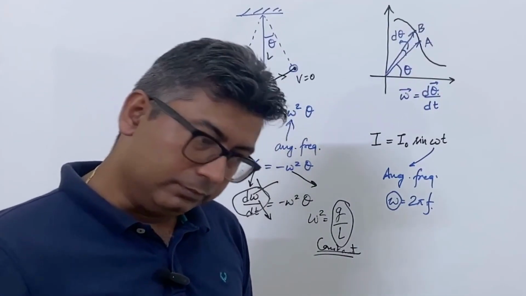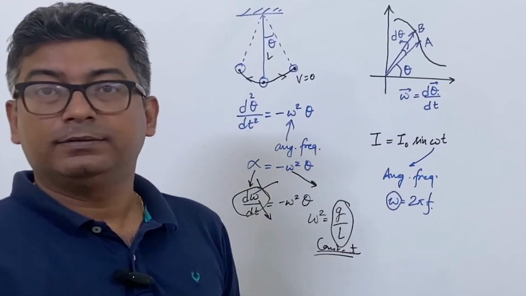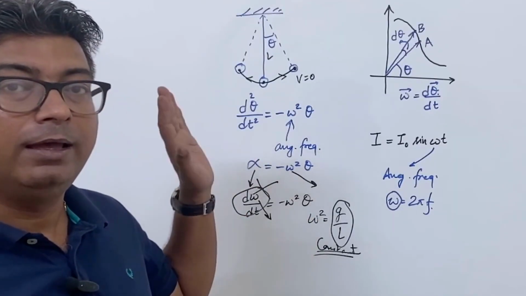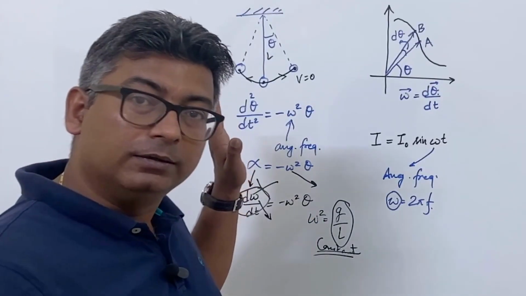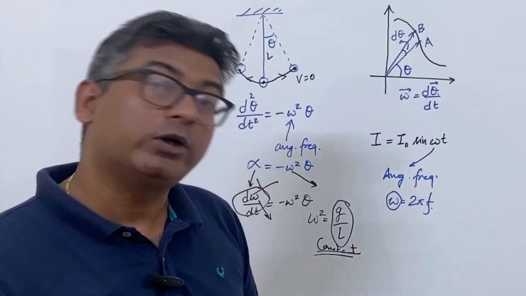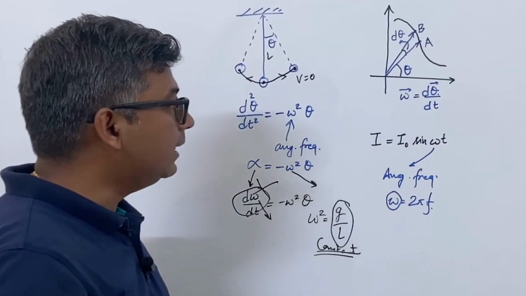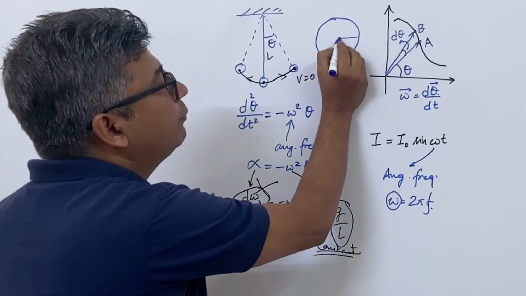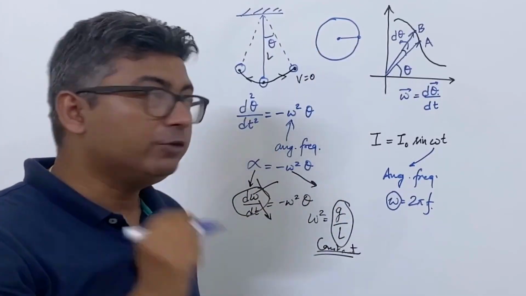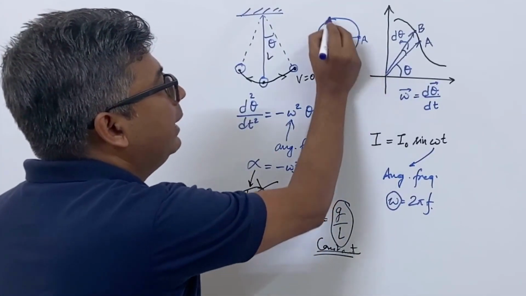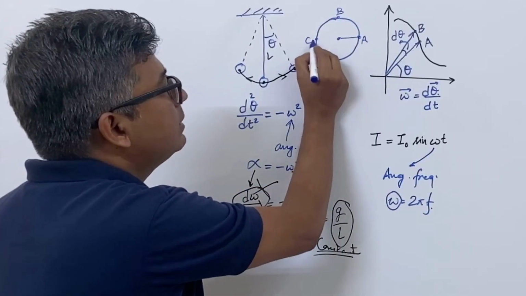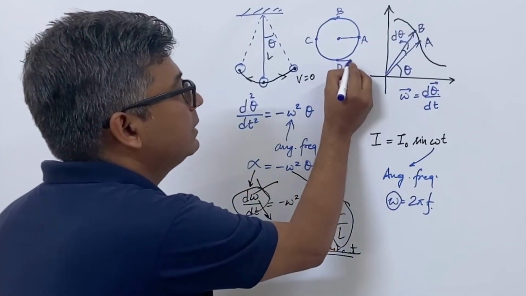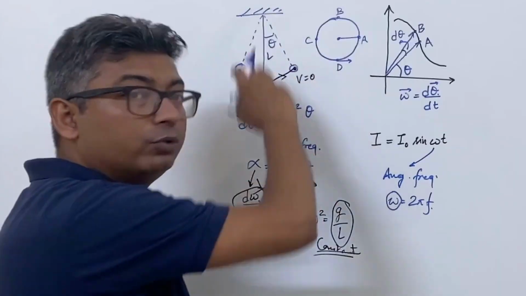Got it? Now, there are cases when the value of this angular frequency matches the value of angular velocity. What is that case? Let's look into that. Let's say I have a circular motion, and this is a uniform circular motion. If it's a uniform circular motion, that means at point A, point B, point C, and point D, the linear velocity that the body has is constant throughout.